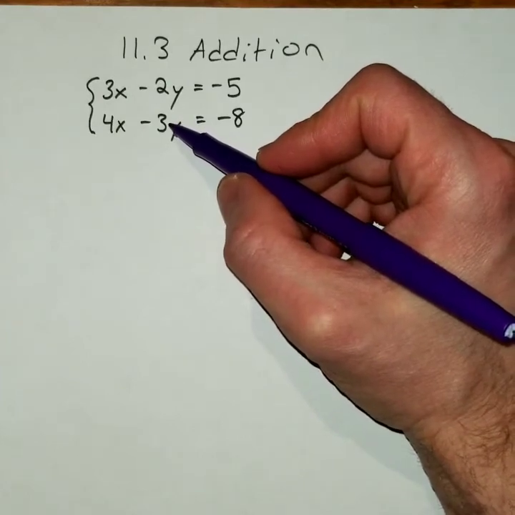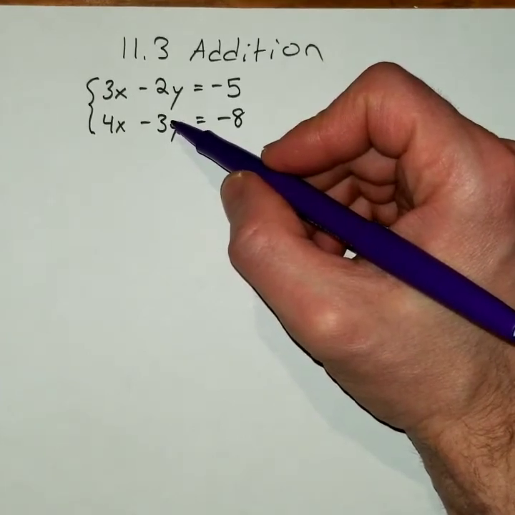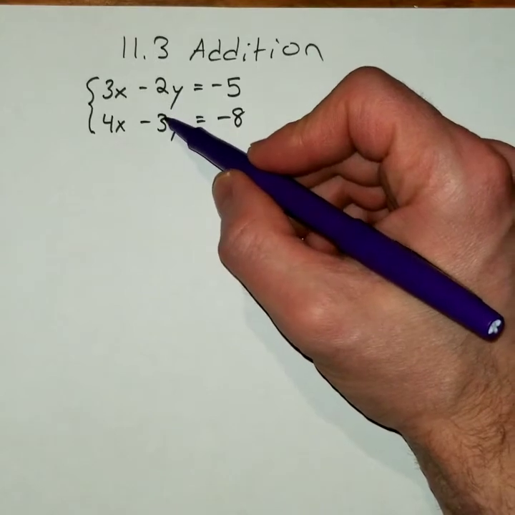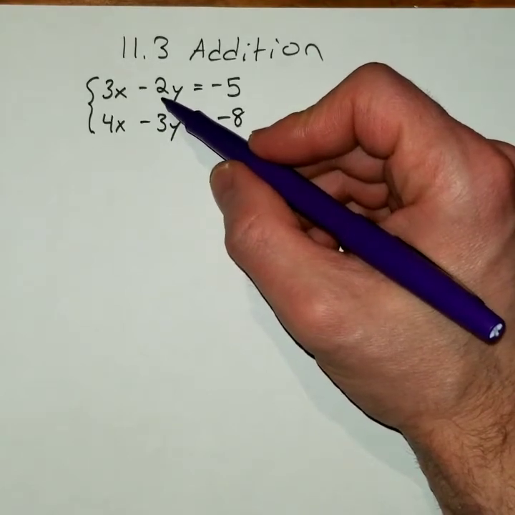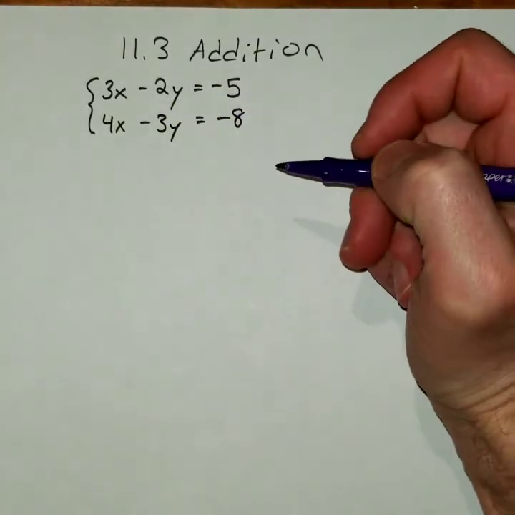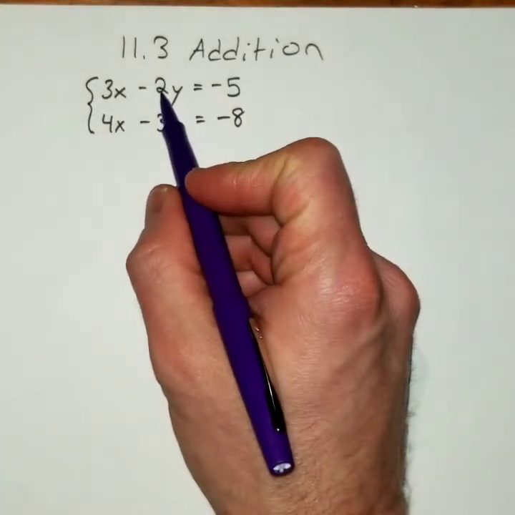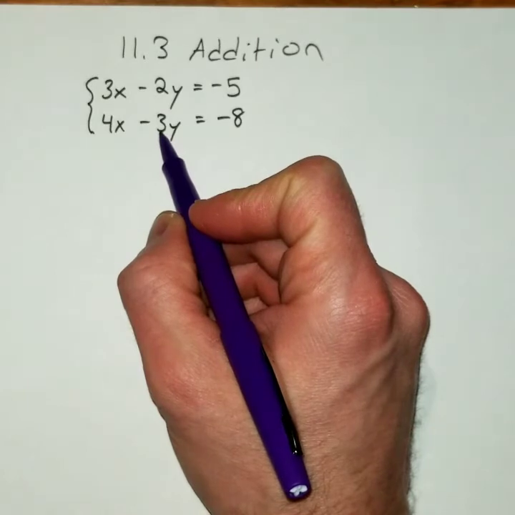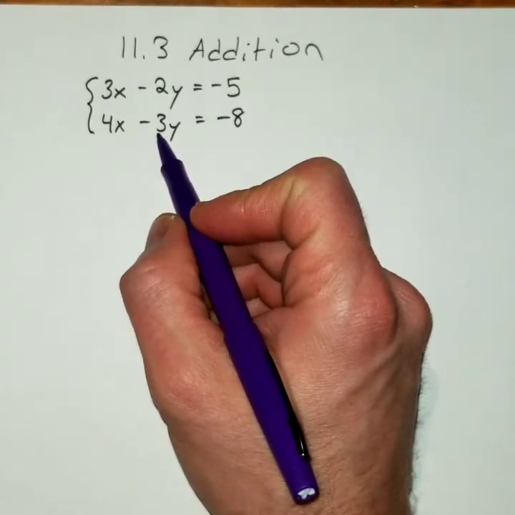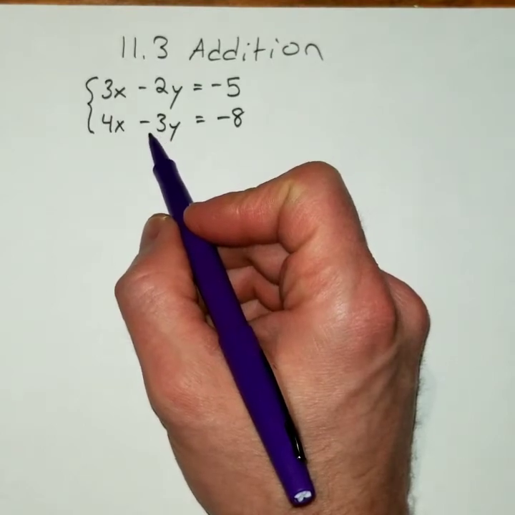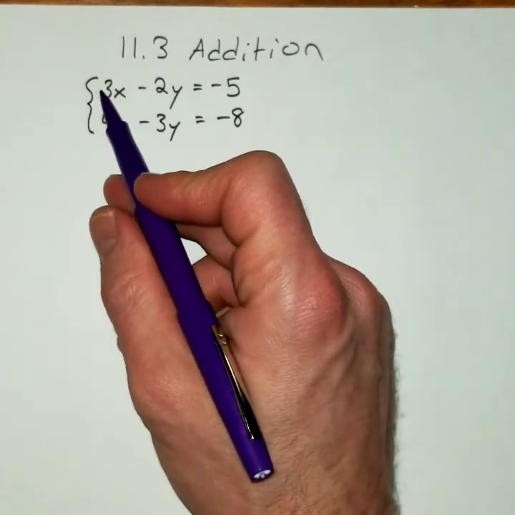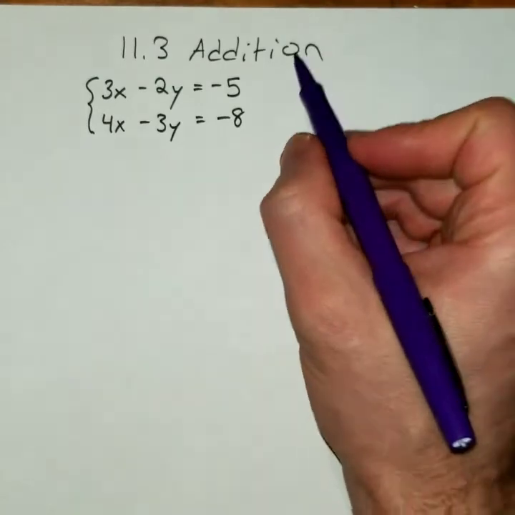So it would be a good idea to make both of these a 6, one positive and one negative. To do that, the 2 has to be multiplied by a 3 and the 3 has to be multiplied by a 2. One of them, of course, has to be multiplied by a negative. I'll go ahead and put the negative on the top row.